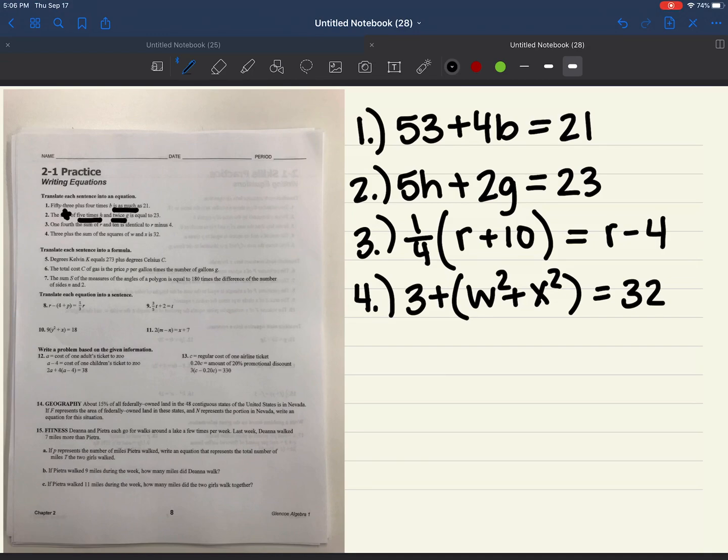Okay, let's look at number 5. We're doing the same thing, it just asks you to translate the sentence into a formula, so you need to be a little more careful with these because it tells you exactly what to use.